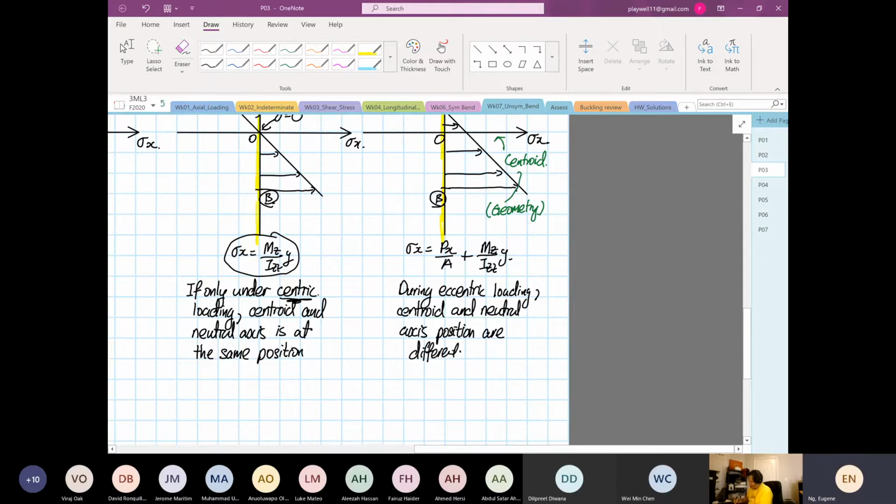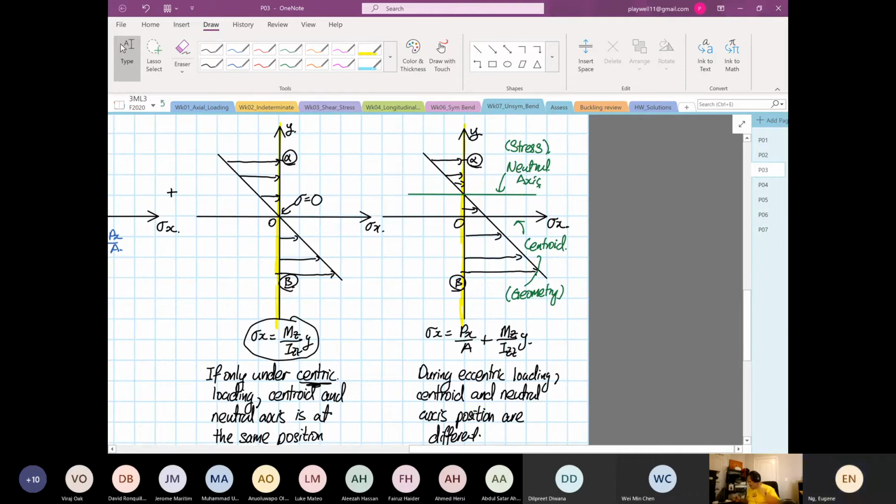You can see for this case, when it is centric on your left hand side, your neutral axis and centroid are at the same location.